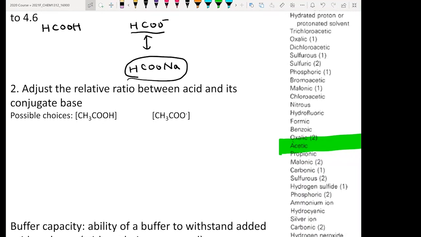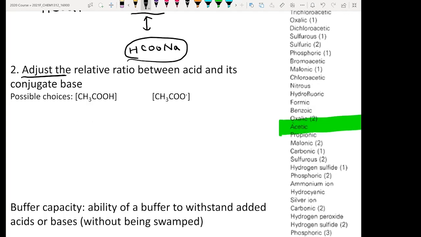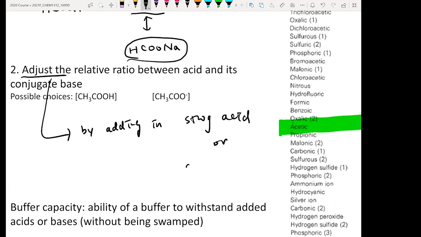How can you actually decrease the pH of a solution? Yes, you add in strong acid. You add in a high concentration of strong acid so that you will tune your pH just a little bit. So this is done by adding in either strong acid or strong base.